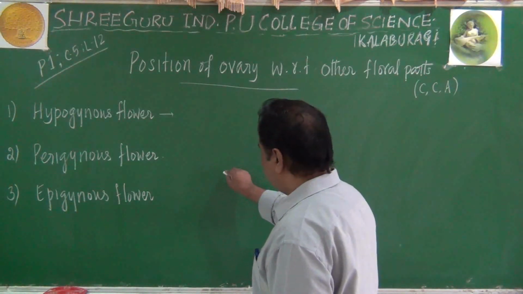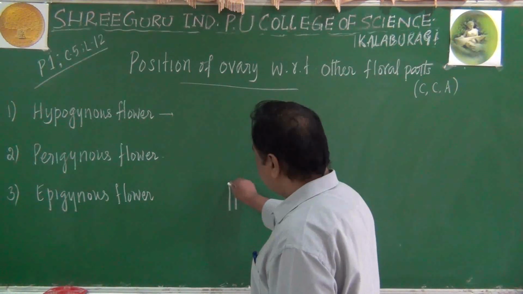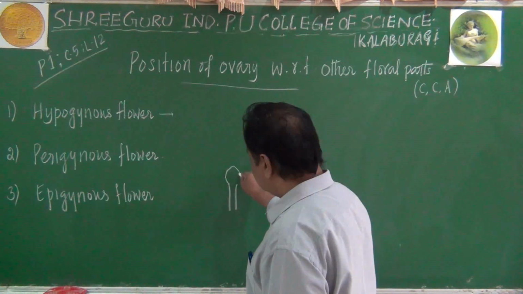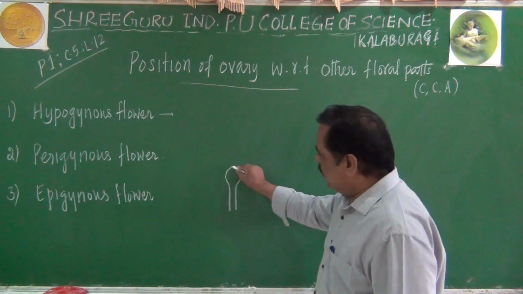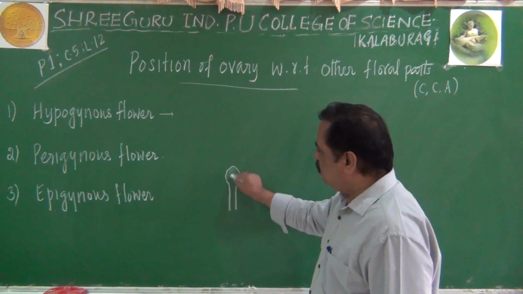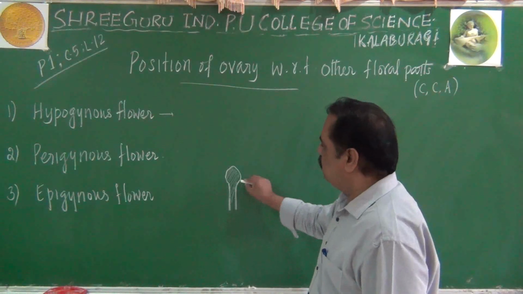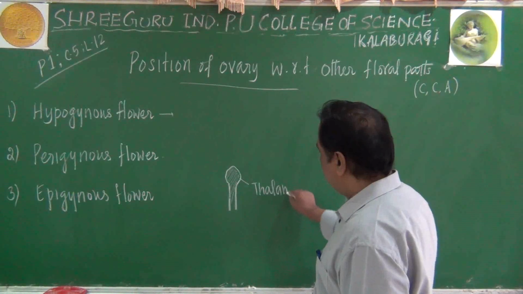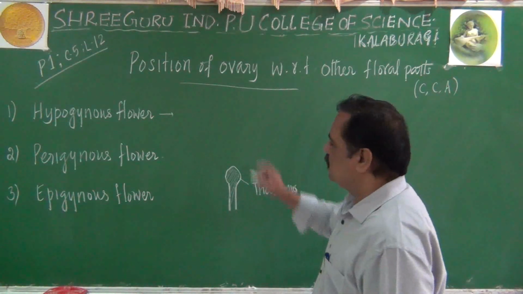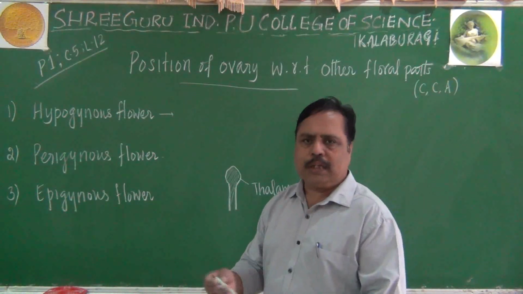Suppose imagine this is the pedicel and this is the tip of the pedicel called thalamus. It has become somewhat dome shaped here, somewhat elevated like this. Imagine this is the thalamus. Now, upon this thalamus, other floral parts are present.